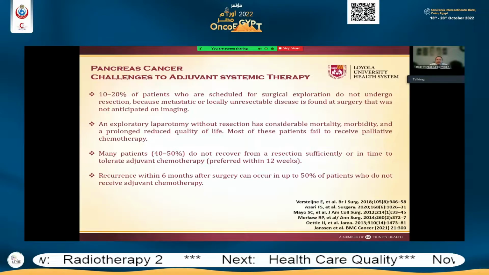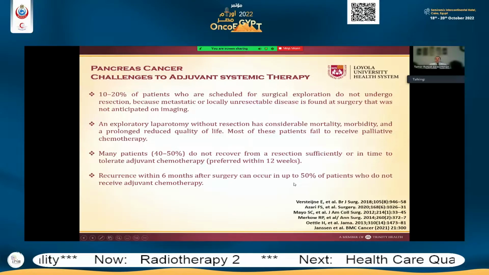An exploratory laparotomy also comes with significant mortality and morbidity, which might reduce the quality of life. And many patients do not recover from resection in sufficient time to start adjuvant therapy within 12 weeks after surgery. And we see up to 50% recurrence of metastatic disease 6 months out of surgical resection.